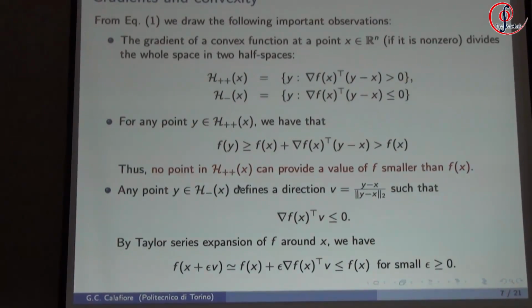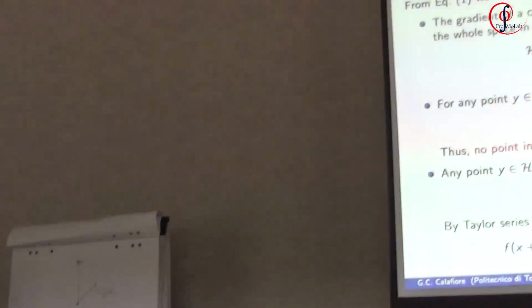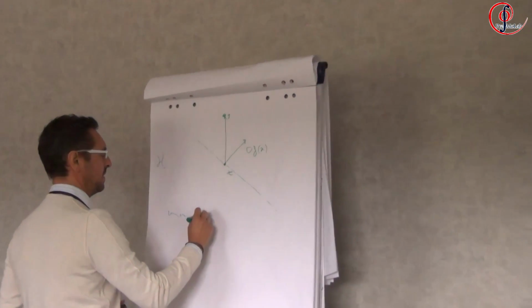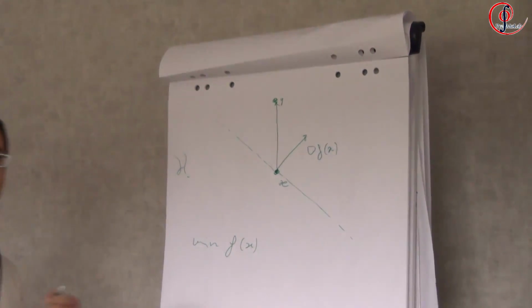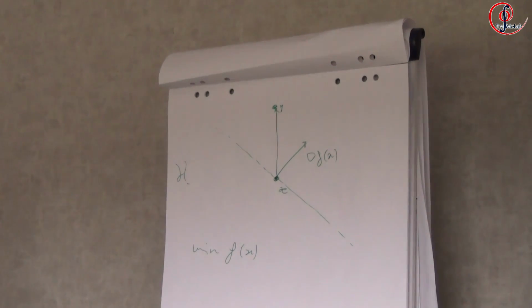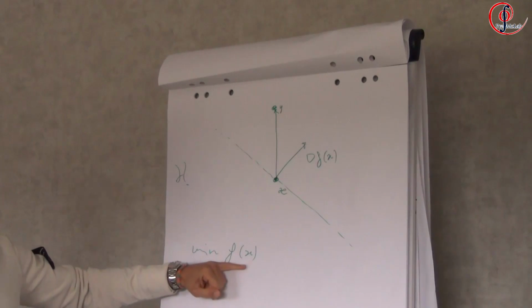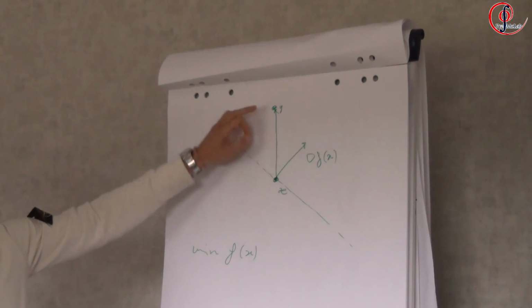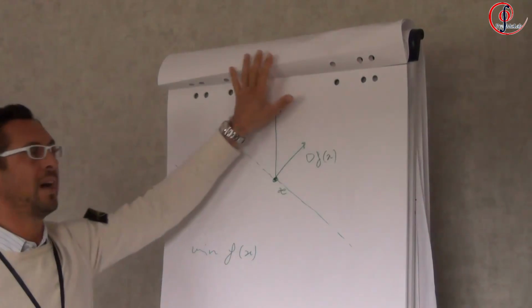And this is very important because when we try to minimize f of x, and we are at a point here, in some iterative algorithm looking for points of lower value of f of x, there is no point in looking for these minimizers in this half space.